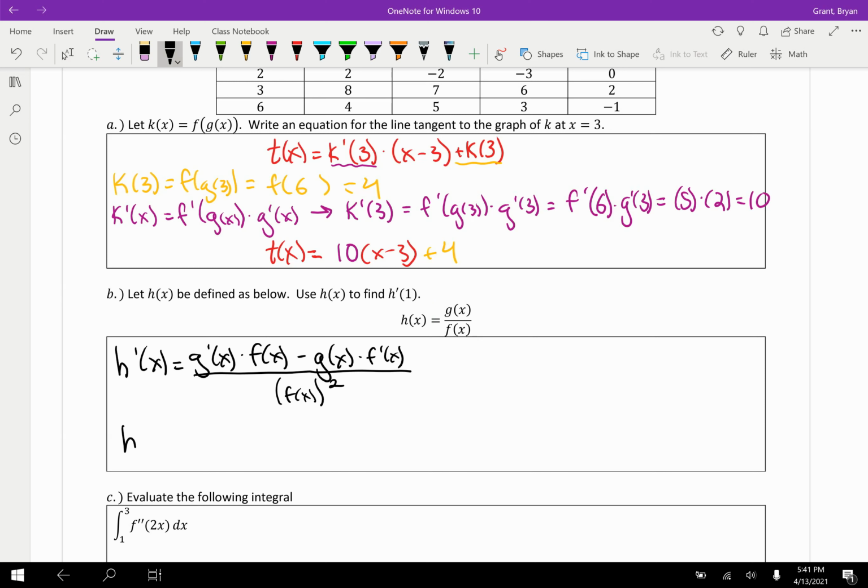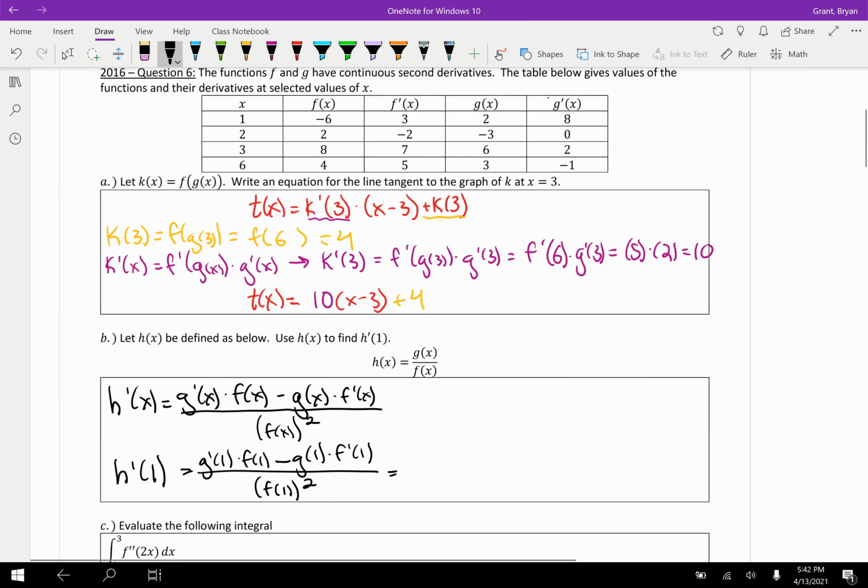Okay, so then I think we need h prime of 1. And that's going to be g prime of 1, obviously f of 1 minus g of 1 times f prime of 1, all divided by f of 1 squared. All right, as we work to the right, g prime of 1, I think we're going to just have to do a bunch of this up here.